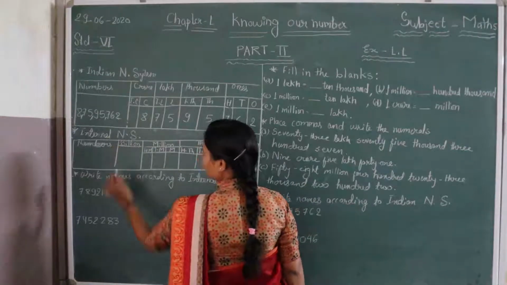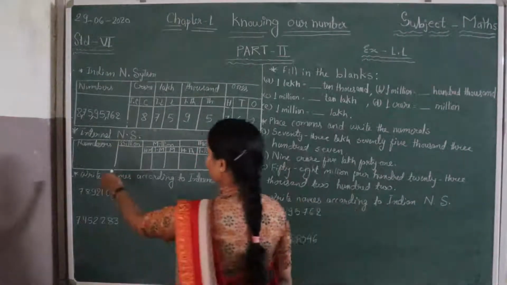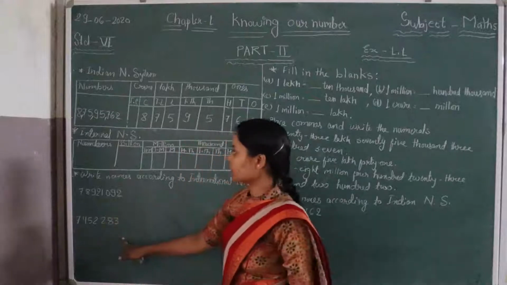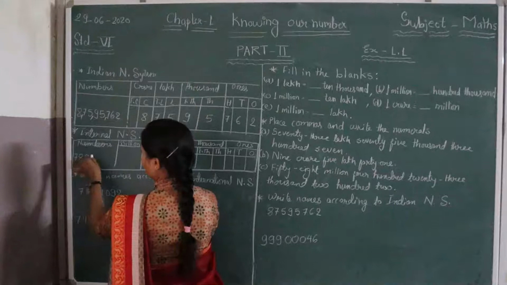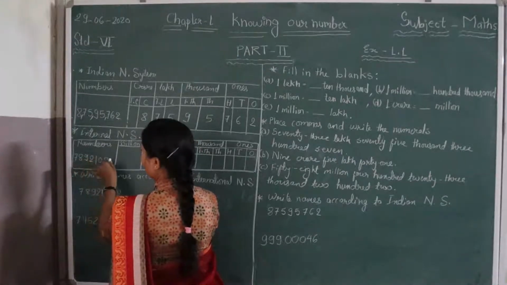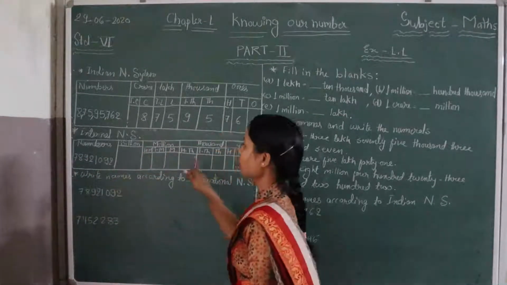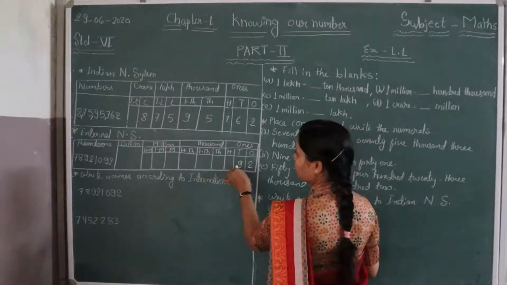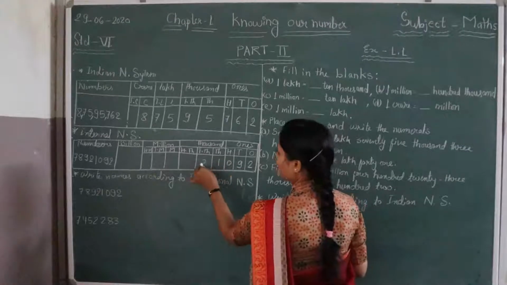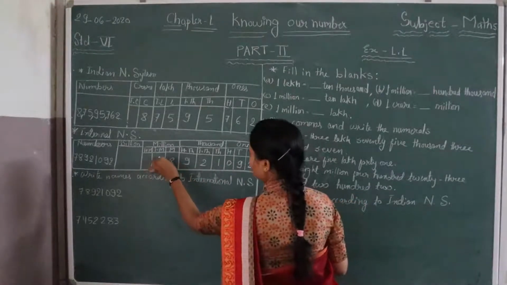Then similarly in billion. So taking a number from here, international number system: 7, 8, 9, 2, 1, 0, 9, 2. Okay, we will place these numbers here: 2, 9, 0, 1, 2, 9, 8, 7.